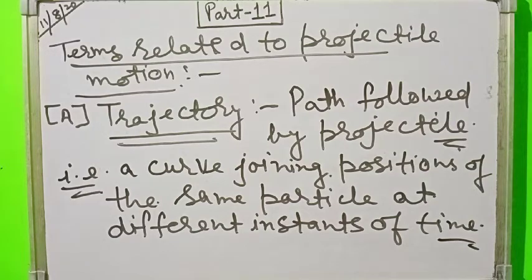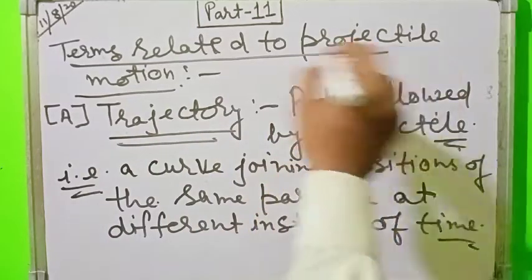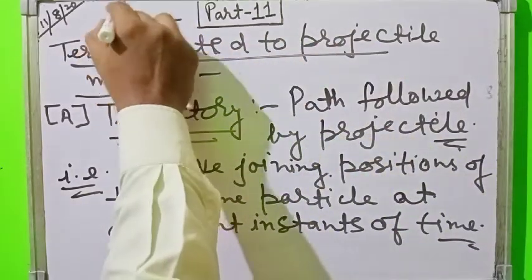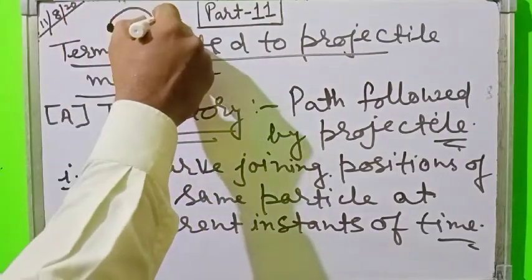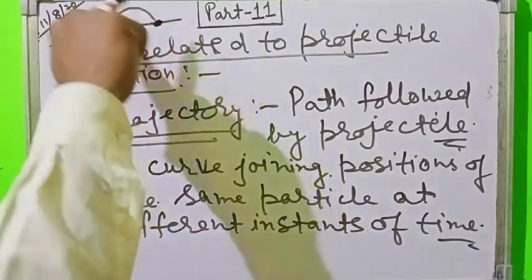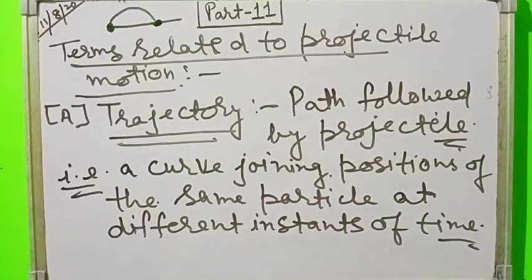Suppose the particle is in motion, this is the initial position and this is the final position. Whatever the curve joining the positions of the same particle at different instants of time is called the trajectory.